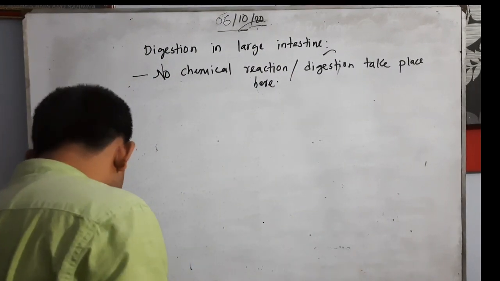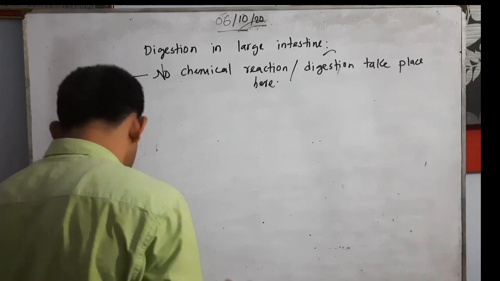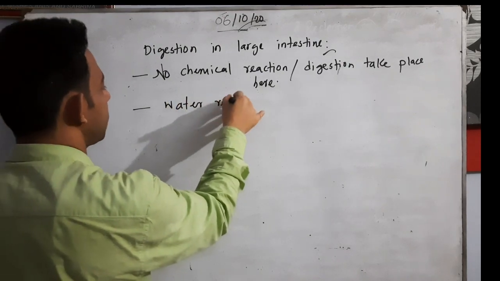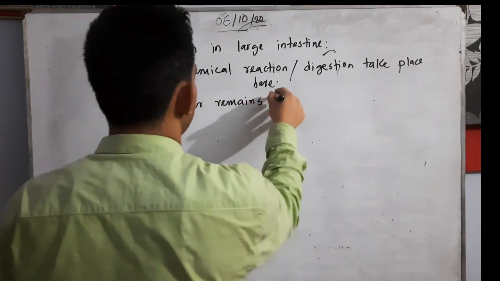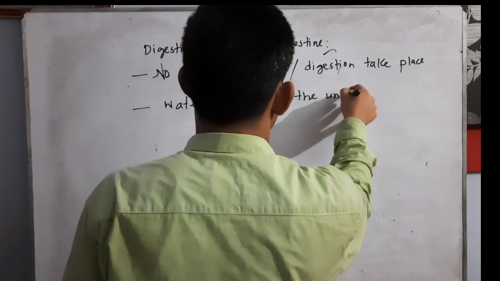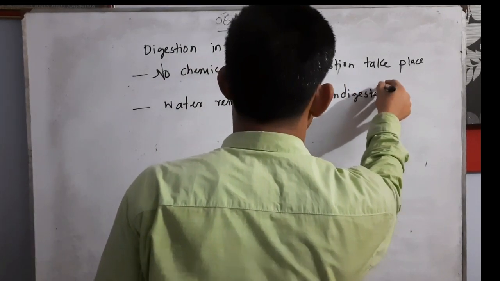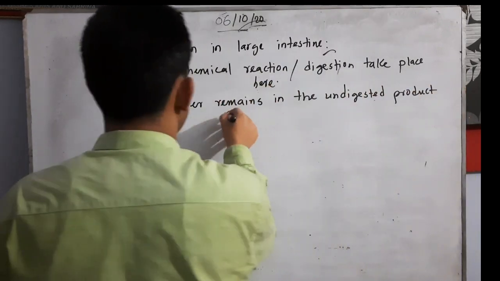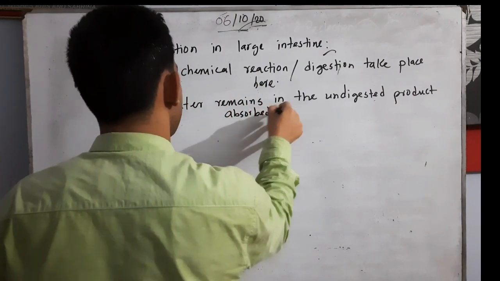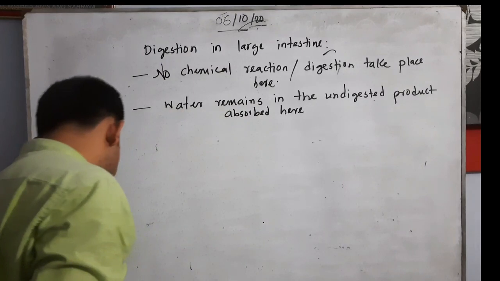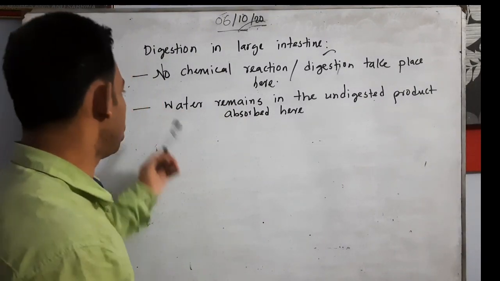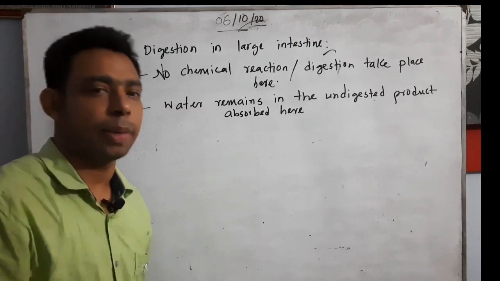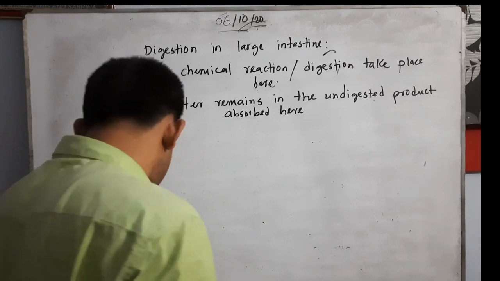That means in the large intestine, water remains, some water or watery substance remains in the undigested product, and it is absorbed here. So this is also a very important thing: the water that remains in the undigested product is absorbed in the large intestine.